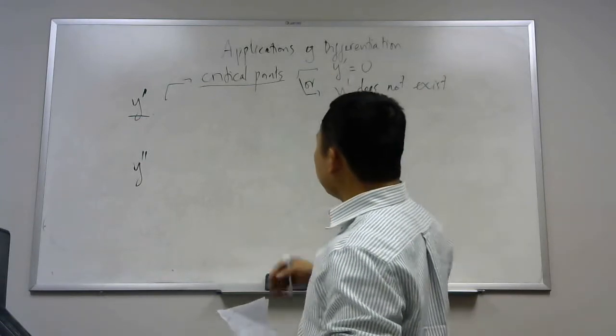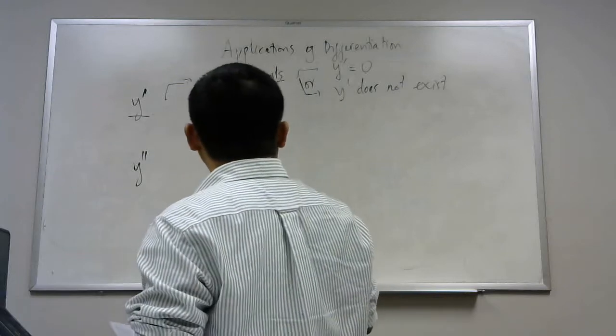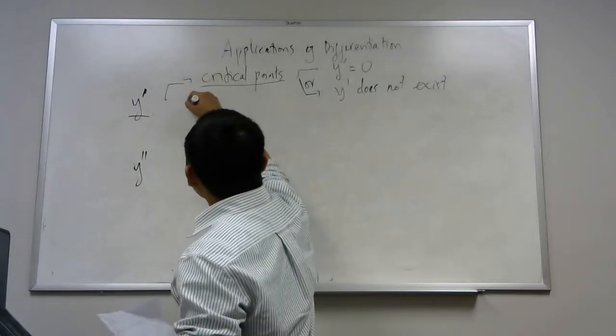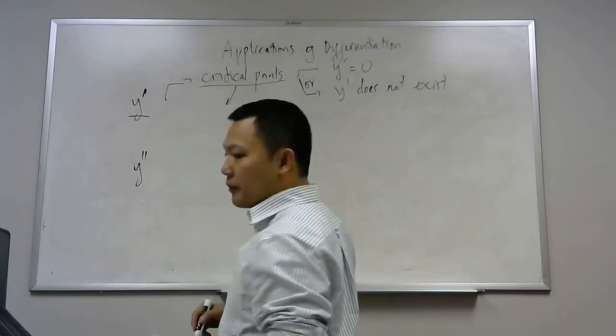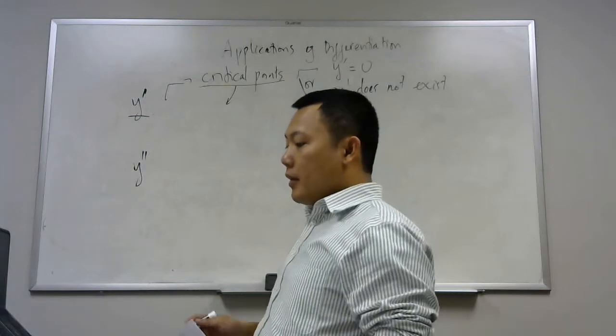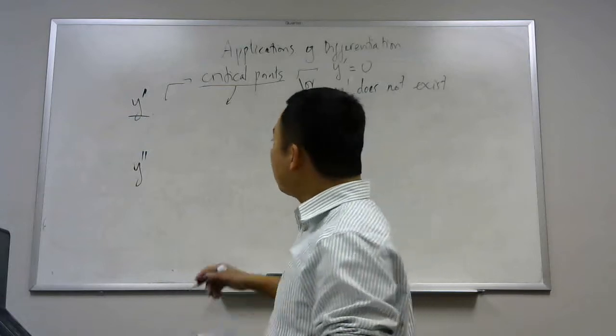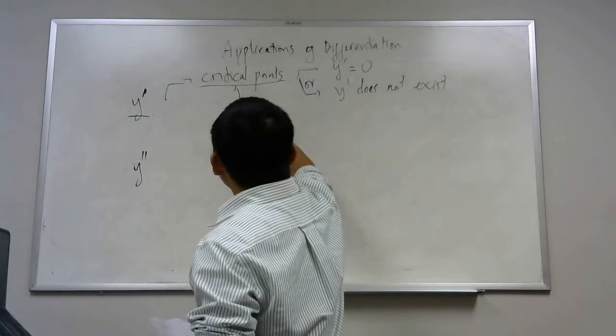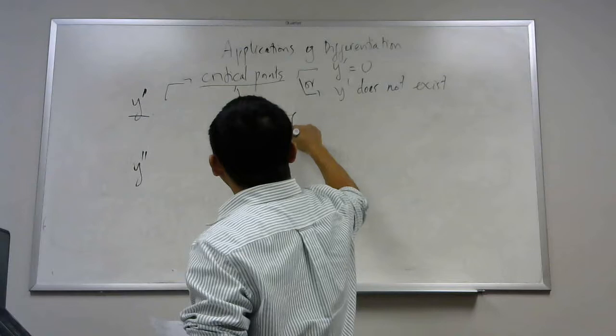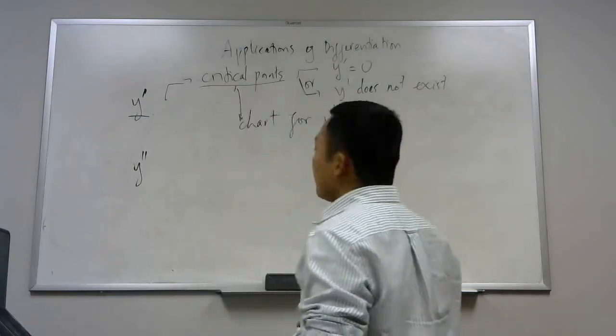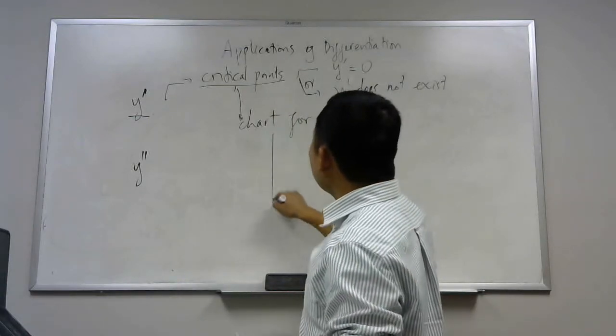So using that, you can find all critical points, and then once you have all critical points, you can find local extrema, right? You make a chart for the first derivative. I write a chart for the first derivative. This chart should look like this.